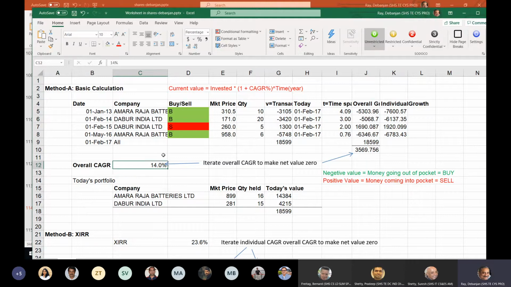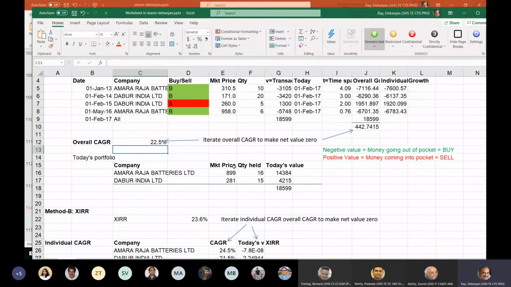Now it has gone negative, so it is less than 24%. So maybe I will put 22.5%. And then again, I have to do an iteration. Now this is very painful, correct?